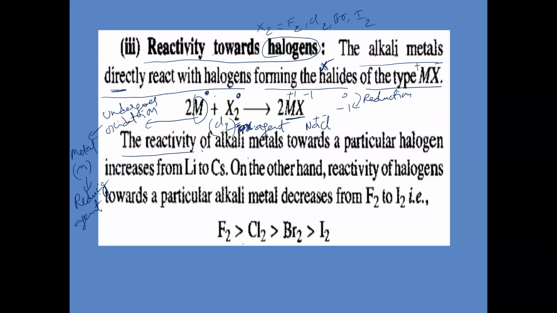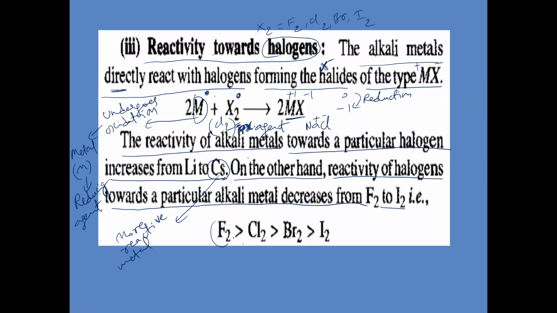Next one, the reactivity of alkali metals towards a particular halogen increases from lithium to cesium. So cesium is the more reactive metal towards halogens. On the other hand, the reactivity of halogens towards a particular alkali metal decreases from fluorine to iodine.